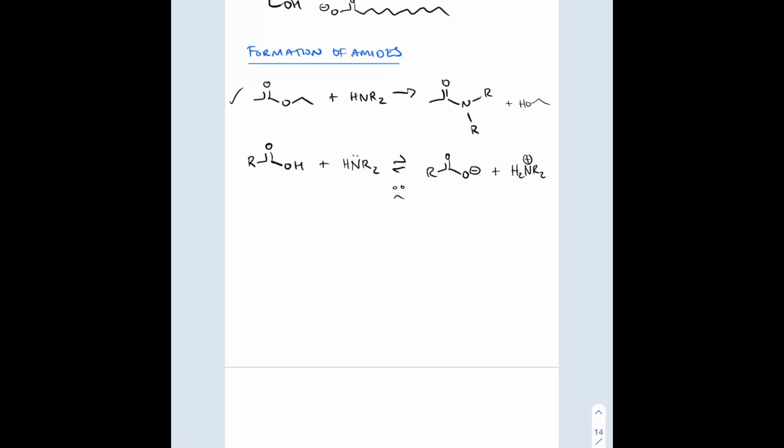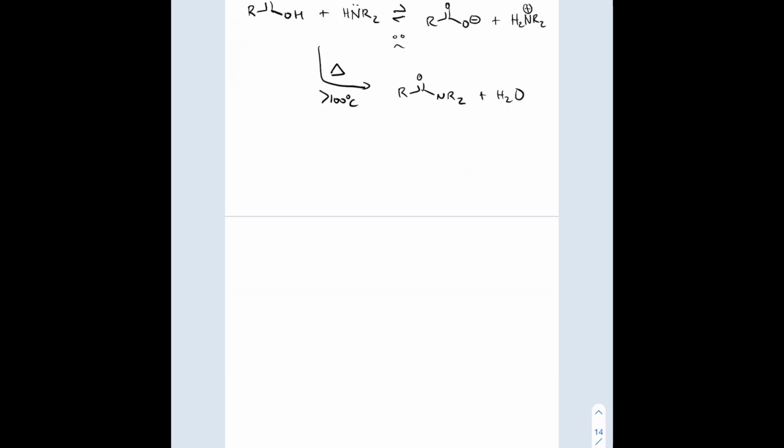Carboxylic acids in the presence of an amine, however, just undergo an acid-base reaction, and you get a carboxylate as well as an ammonium. But in the presence of heat or other harsher conditions, you can force that reaction forward to get the amide as well as water forming.